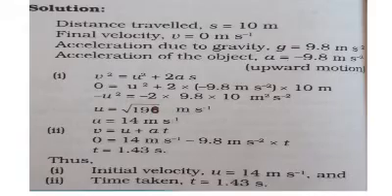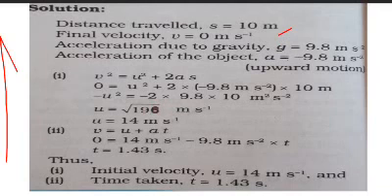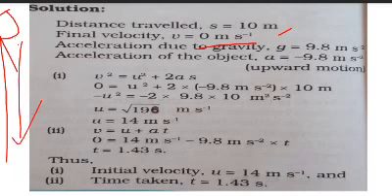Here the answer is, I'll say that the distance traveled is 10 meters. We know from here to here it was 10 meter. Final velocity is 0. Why? After reaching the maximum height, the velocity becomes 0 and the ball comes down.